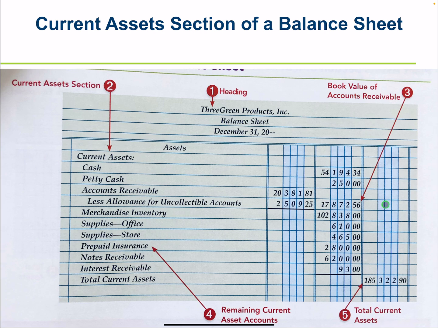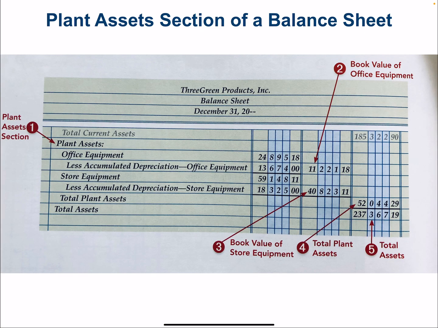And again, you'll notice there are 3 columns in our balance sheet. This is the total column of the section, and then we have subtotals. Moving on to the next section is our plant assets. Plant assets are usually around for a longer period of time. You'll notice that we have basically 2 different plant assets, office equipment and store equipment.